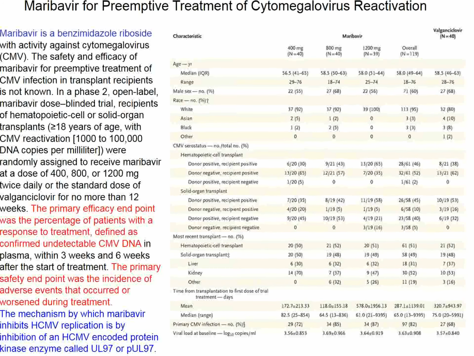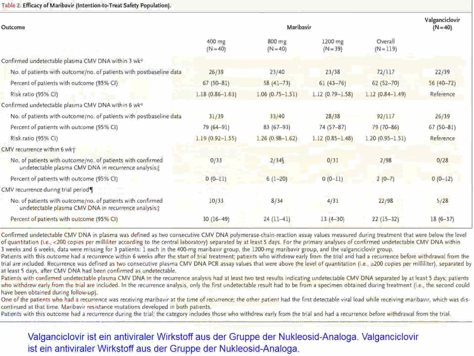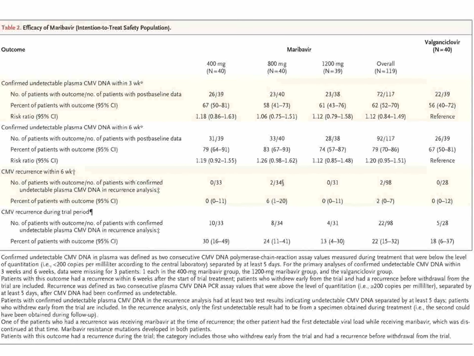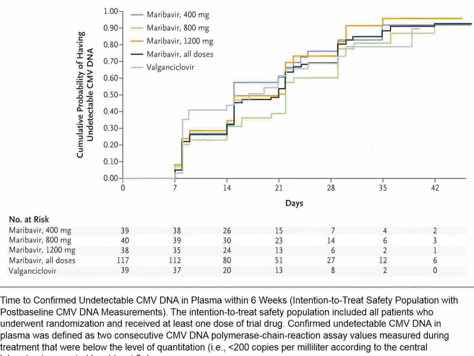The new agent acts to inhibit CMV replication by inhibiting a specific protein kinase enzyme that's present in the virus. So the outcomes involve confirmed undetectable plasma CMV DNA copies at 3 weeks, and the groups were correspondingly compared. Then side effects were also monitored.